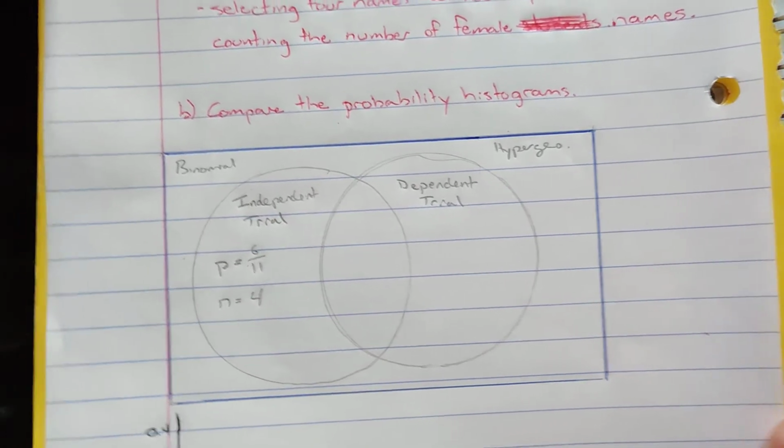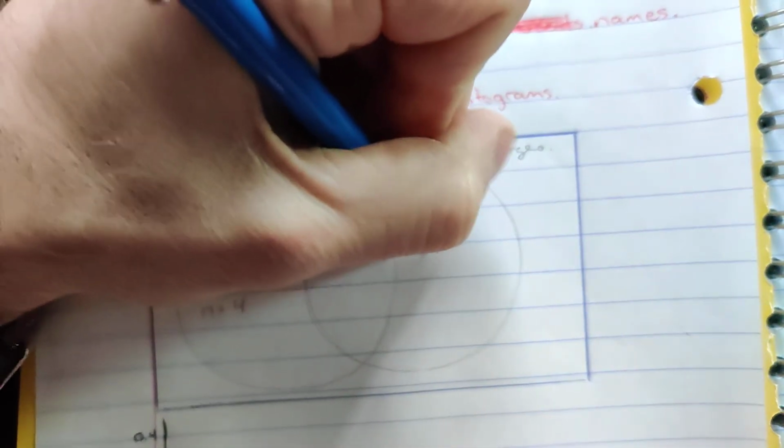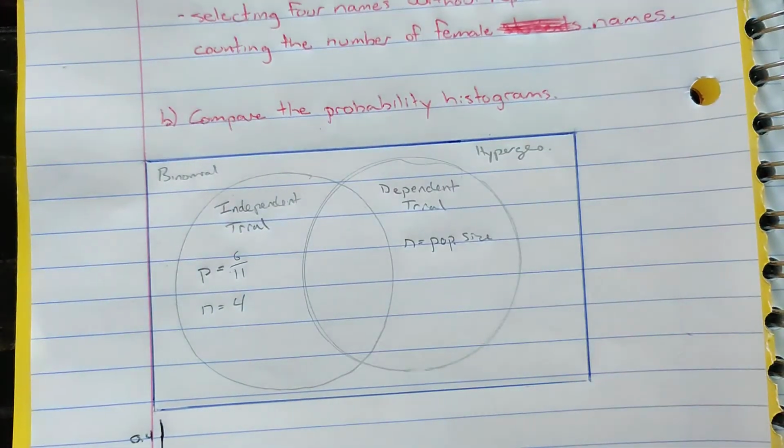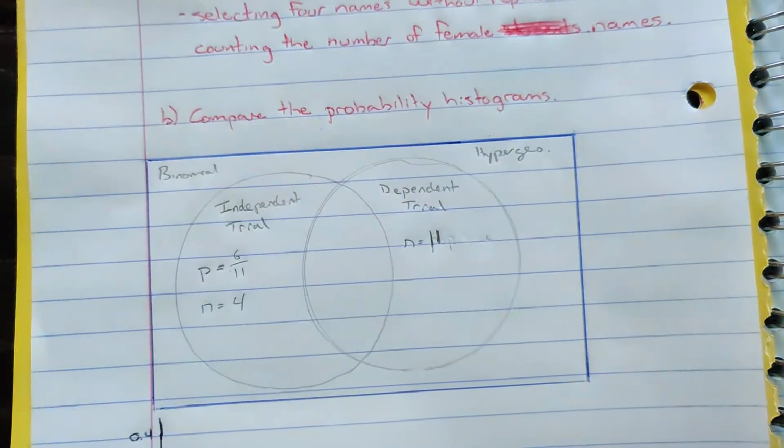In terms of the hypergeometric, the things that don't quite match up: we have our N, which is our population size. So our N value would be our population size, which is going to be 11. We have 11 people in total, 5 males and 6 females.